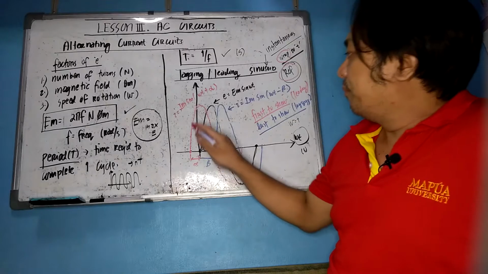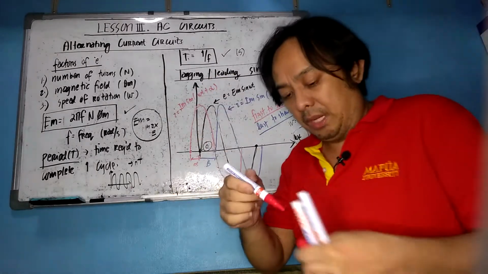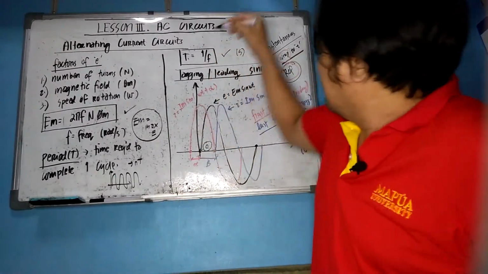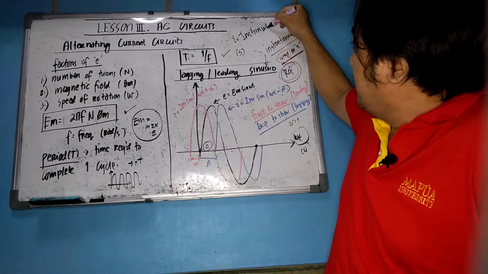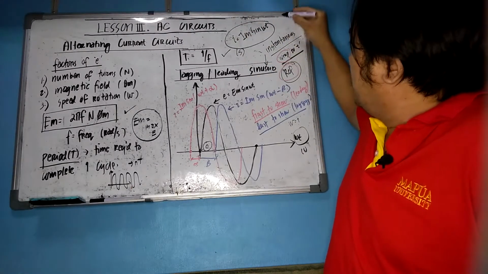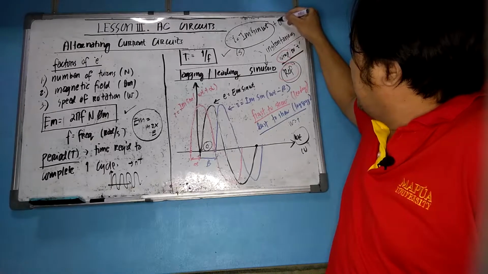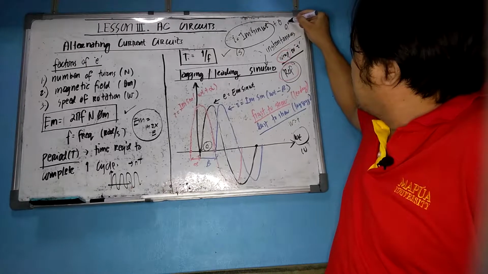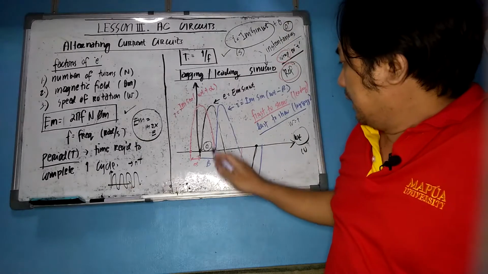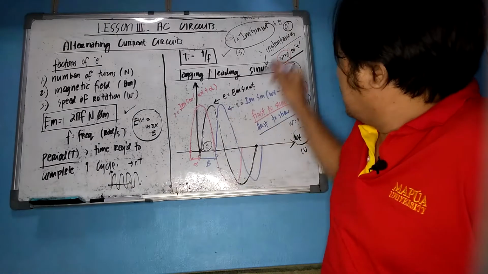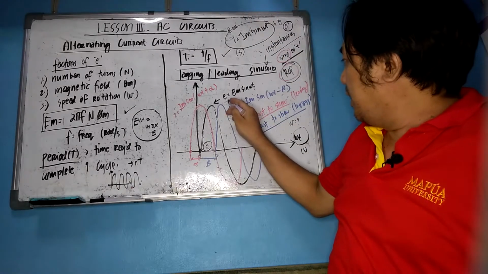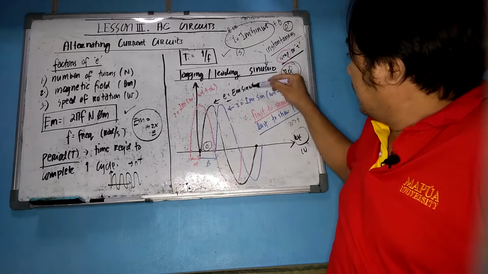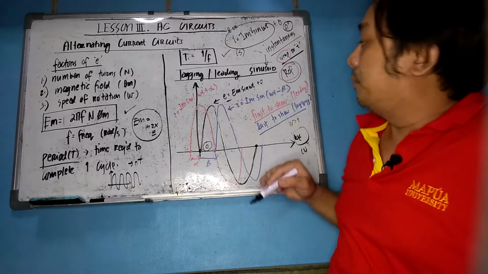So hence, we have our main equation a while ago that to get the current, you have Im sine omega t. But if you have an angle theta which is 0, for example, for e, the equation, this is either e or i. So your e here will automatically be sine omega t because this one is 0.